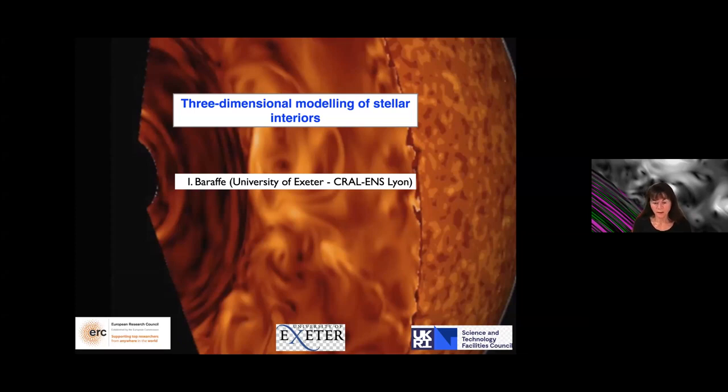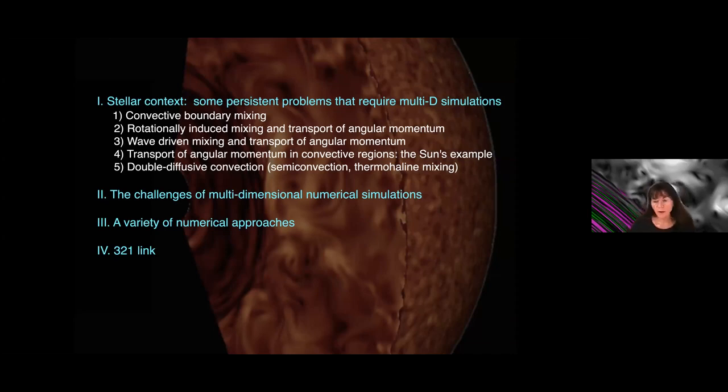What I would like to do in this talk is, first of all, place the context of multi-dimensional simulations in a stellar context, and give some examples of persistent problems in stellar evolution that require multi-D simulations. Then I would like to give a flavor to people who are maybe not used to hydrodynamical simulations, so they understand the challenges of developing multi-D simulations for stellar interiors.